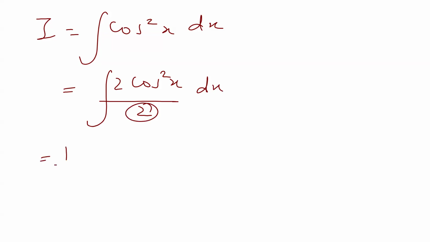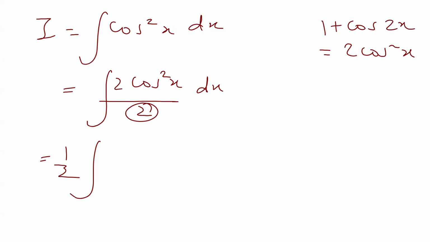This 2, take it down. 1 plus cos 2x is 2 cos square x. Do you remember this half angle formula? 1 plus cos 2x is 2 cos square x. So the 2 cos square x over here, I'll replace it with 1 plus cos 2x.